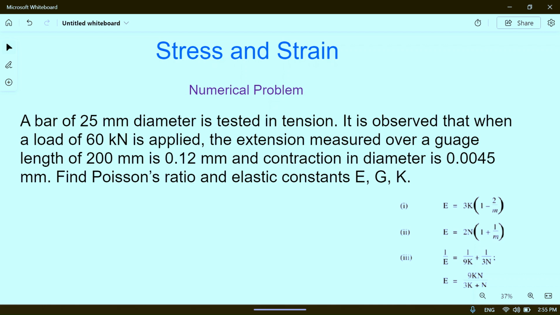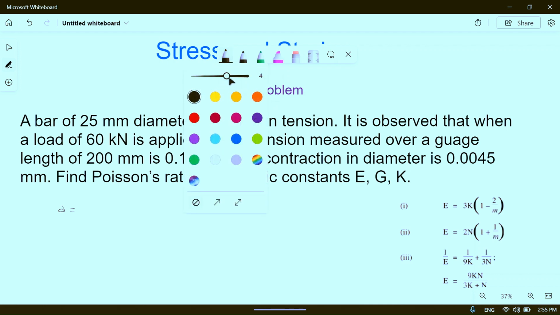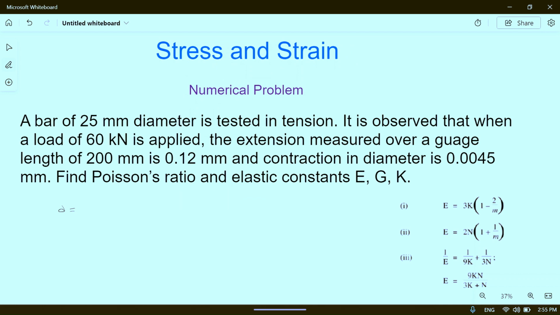A bar of 25 mm diameter is tested in tension. So diameter D is 25 mm and it is in tension.